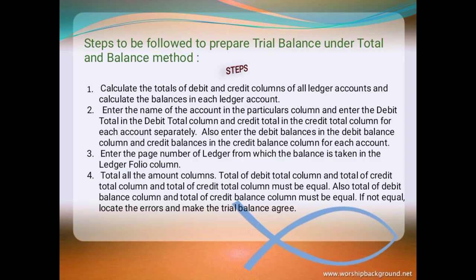And then the last step is to total all the columns, that is the total of the debit column, the total of the credit column, and the total of the balances of the debit column and the credit column. If it is equal, that means you have prepared the accounts with good arithmetical accuracy. But if the balances or the totals of the trial balance don't match, you have to locate the errors.